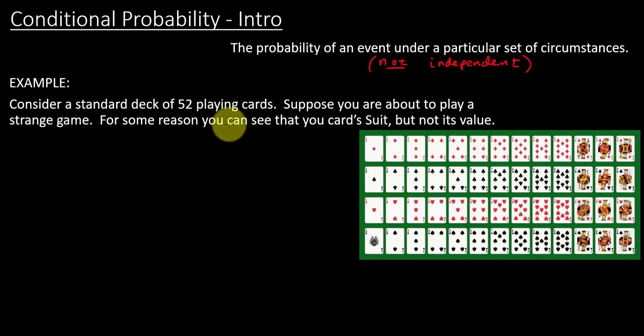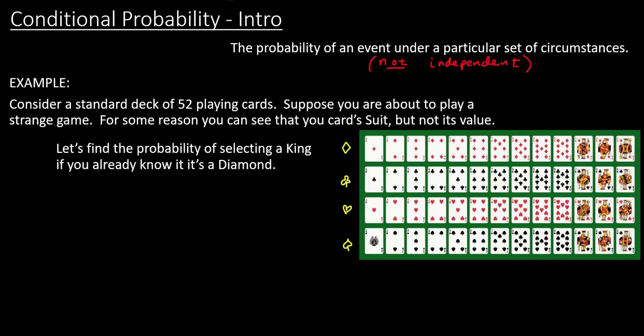In this game, you, for some reason, can see the suit that you have, but not the value. So we mentioned in a previous video that we have the four suits. We've got the diamond, the heart, the spade, and the club. So you can see that it's one of those suits, but you cannot see, for some reason, that it's an ace, a 2 or 3, or a jack, queen, king.